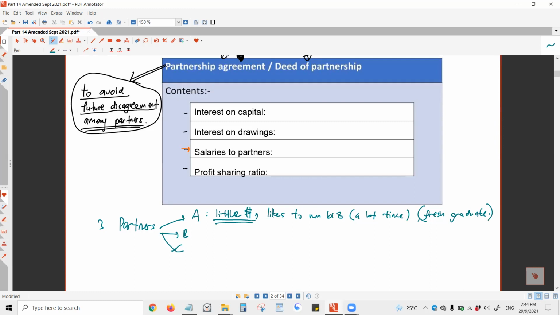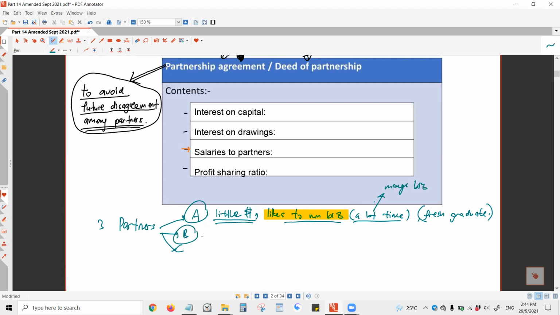But they have a lot of knowledge, they like to run business, and they have a lot of time. So partner A is going to spend a lot of time managing the business.